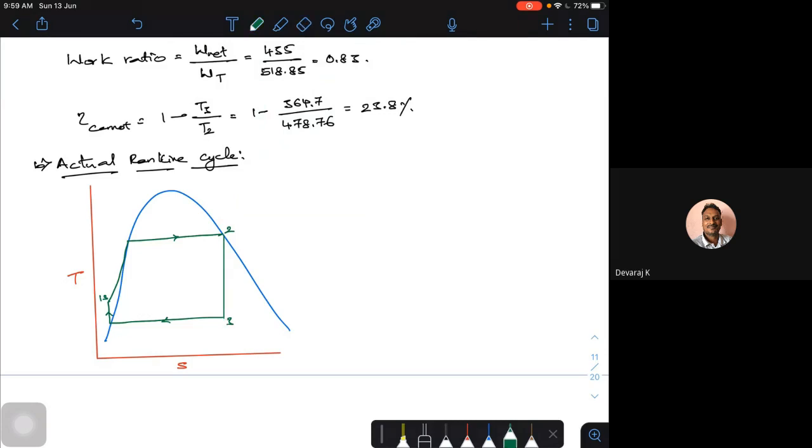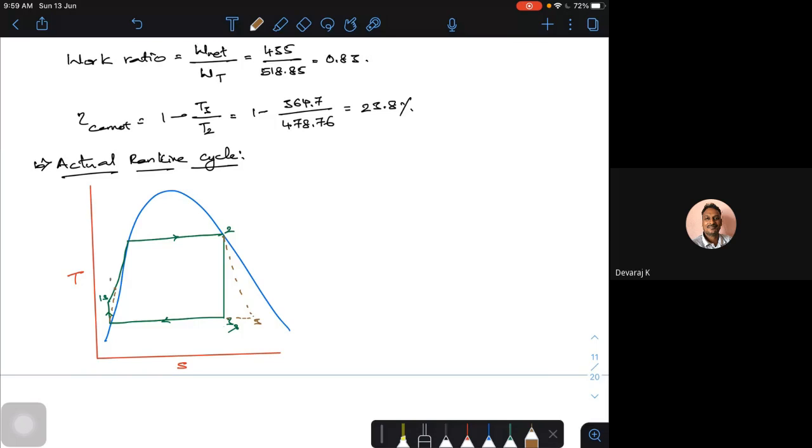Now here what's happening actually? There is an actual compression and there is an actual expansion. So this will go in this fashion. If this is 3, this will become 3s, isentropic. If this is 1s, the compression will go in this fashion, so this will become point 1.